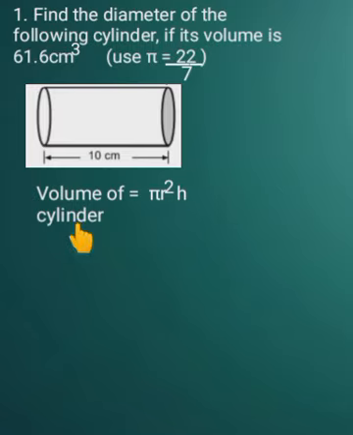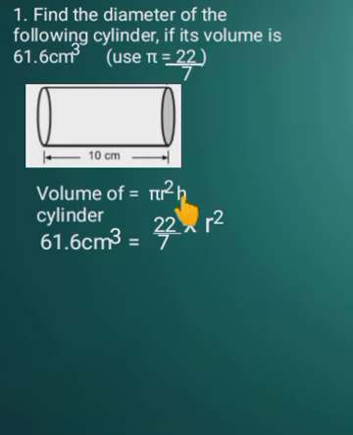Volume we have, which is 61.6 centimeter cubic, equal to pi, which is 22/7, r we don't have, times h, which is 10 centimeter.